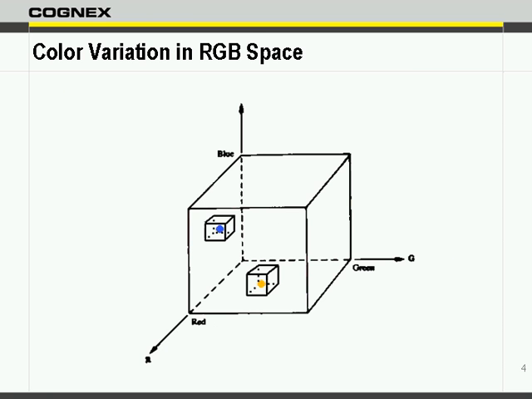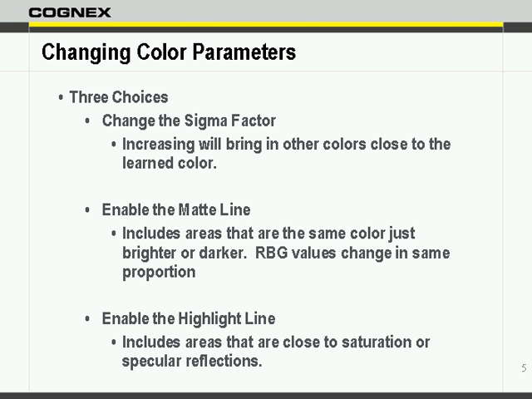So basically, and we'll see it in a subsequent image, but if we go back here a second, it will basically change the size or the volume of this cube here. So based on either an increase or decrease on that sigma factor, you'd basically increase or decrease the volume of that cube, including more or less colors around that average color.